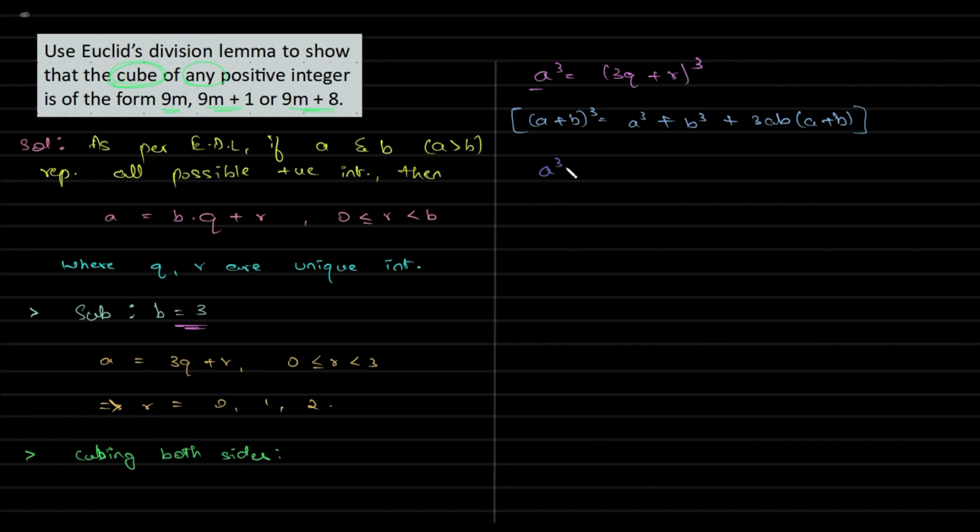Now expanding the right hand side, we will be getting 3q the whole cube plus r cube plus 3 into 3q into r into 3q plus r, right? We need to further simplify this. 3q whole cube is 27q cube.